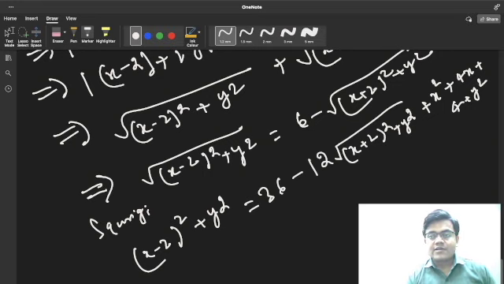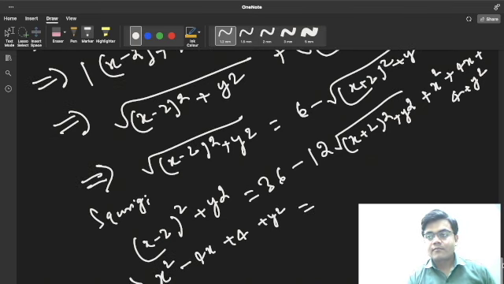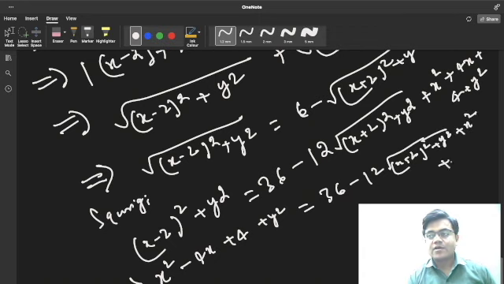So now let's see what is going to get cancelled. x square minus 2ab, so minus 4x plus 4 plus y square equals 36 minus 12 times the square root of (x + 2) whole square plus y square, plus x square plus 4x plus 4 plus y square.